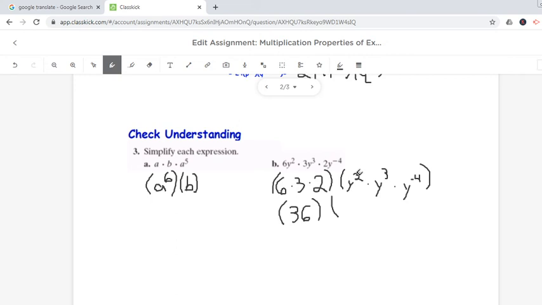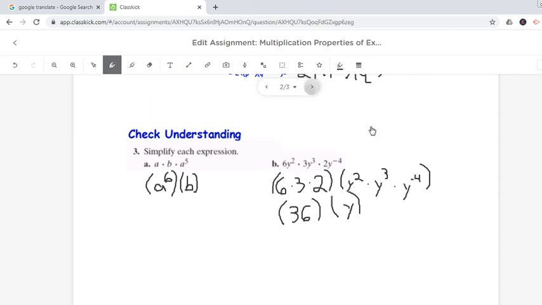So 2 plus 3 is 5. 5 minus 4 is 1. So that's y to the 1, or just y. Okay, and that's it for that.